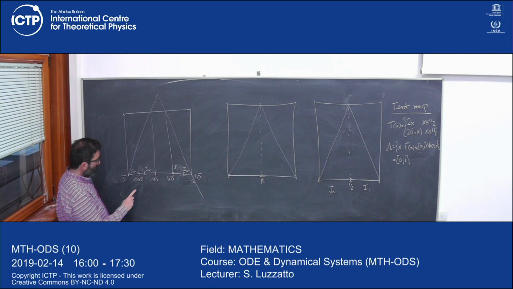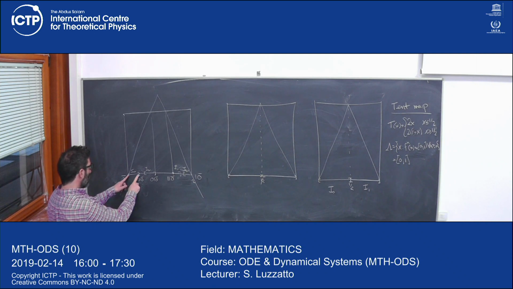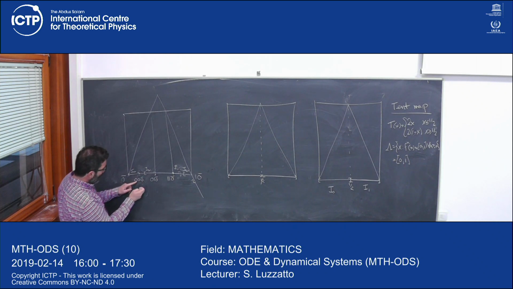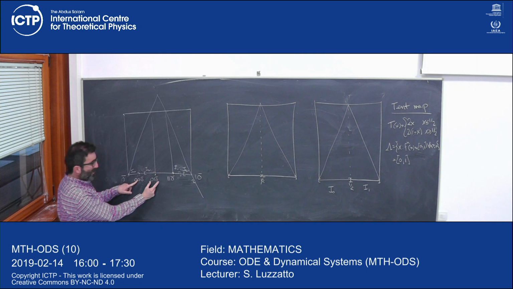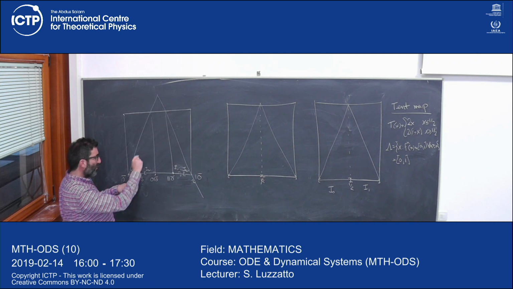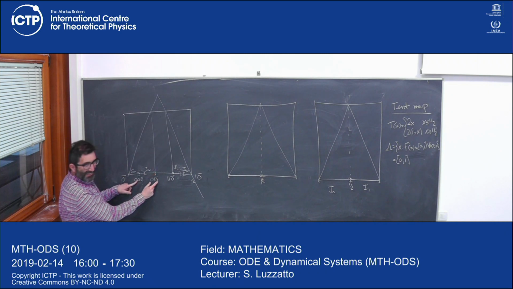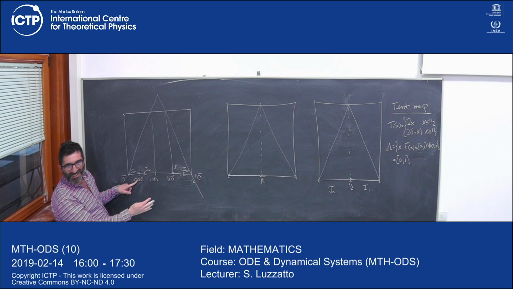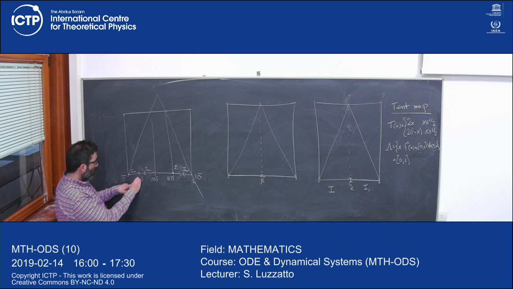Did we do it right? This is 0, and then it maps to here. Once you land on a point that you know, that's what comes after that. So here is just 0, and then the image will be this. So it carries on this.